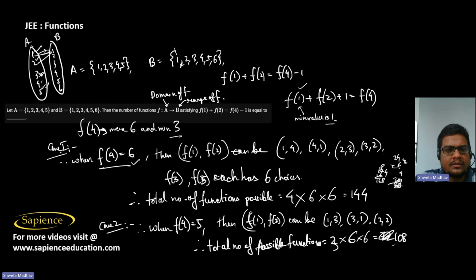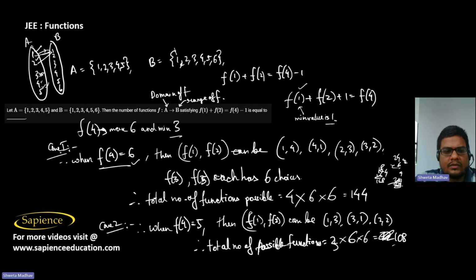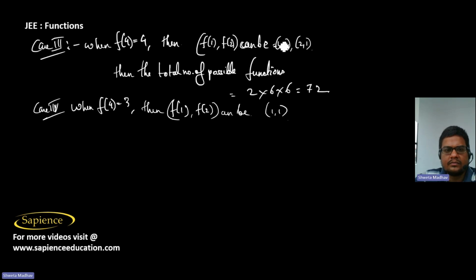8 6s are 48, 108. This should be 108. And when sum should be 4, here also sum should be 3, so it should be 1, 2 and 2, 1. Sum should be 6 here, sum should be 5, here sum should be 4, and here sum should be 3.